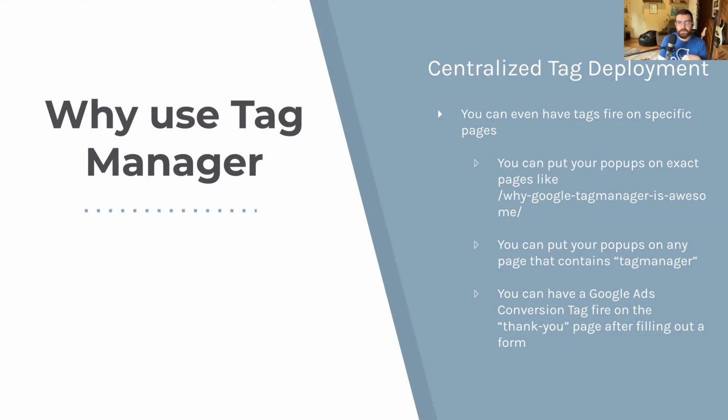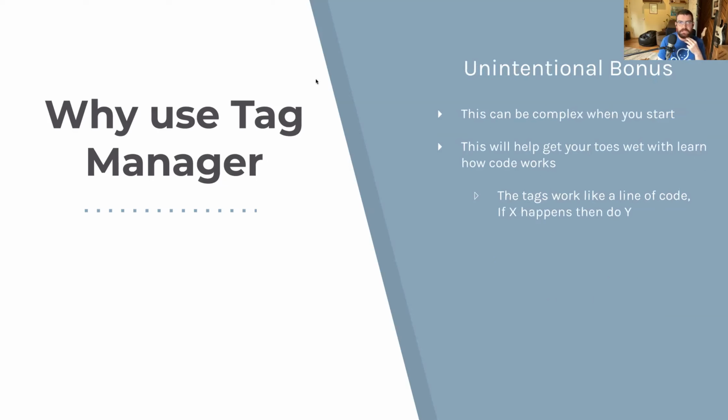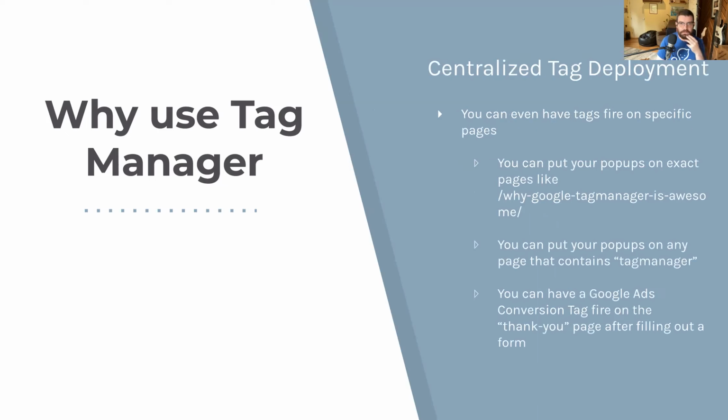If there's a page like "Why Google Tag Manager Is Awesome," and I also have another one saying "5 Tips for Using Google Tag Manager," what you can do is say, if the page URL contains Tag Manager, fire. So that gives it a lot of flexibility as well.